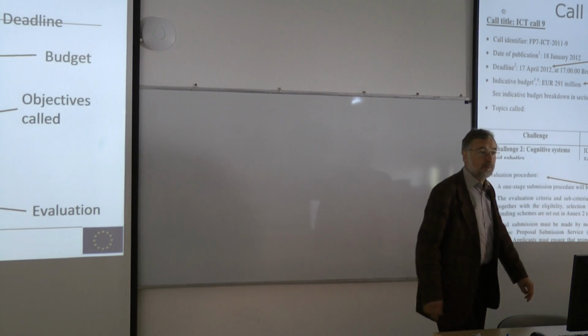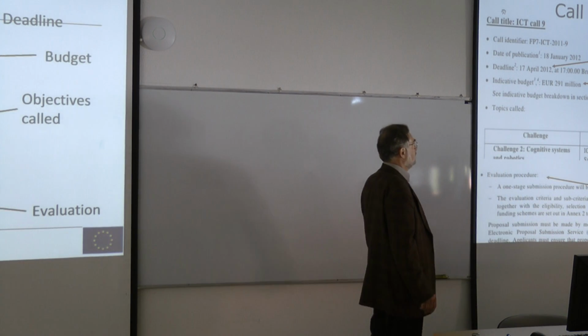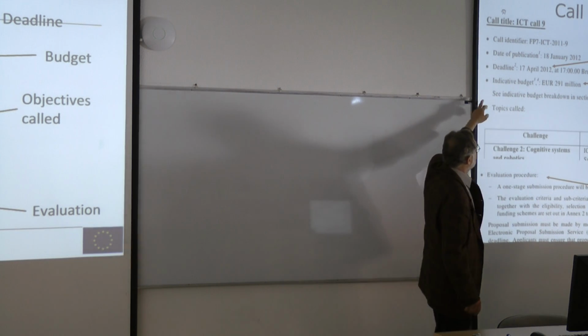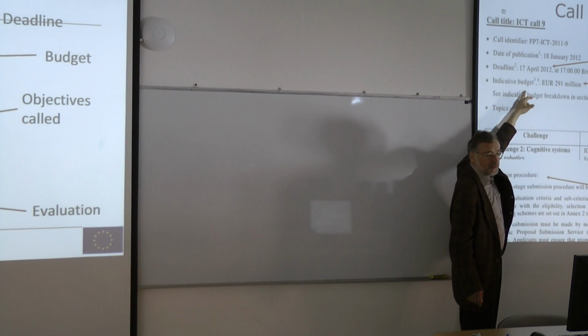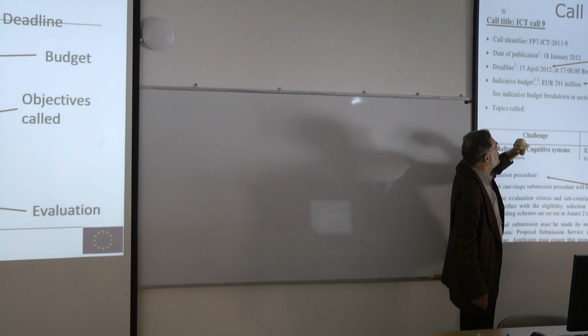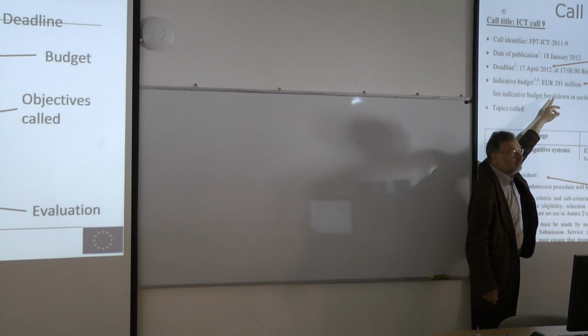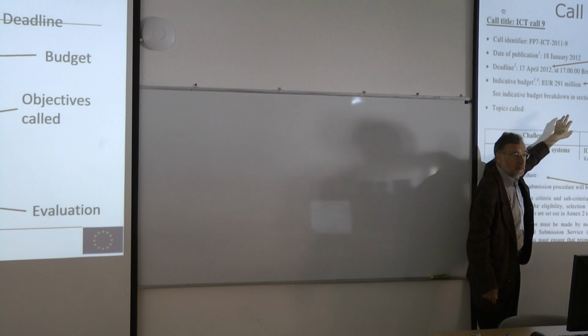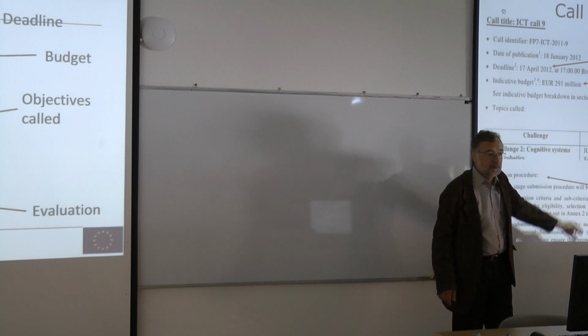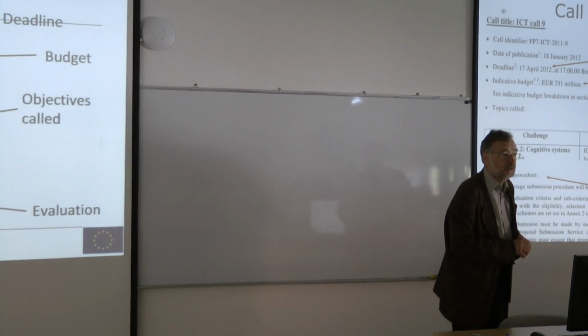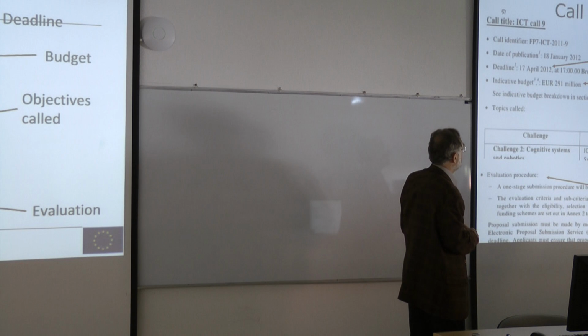And there are some important issues in there. For example, a proposal should be submitted on the 17th of April 2012. There is a certain budget for the whole call, and the whole call includes or has actually included several objectives.